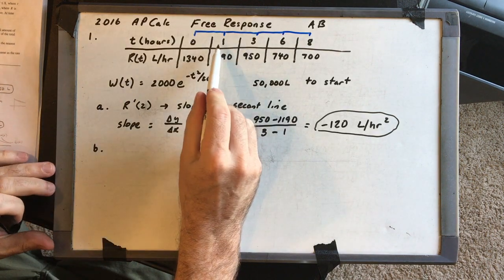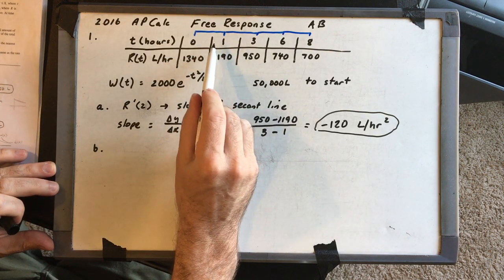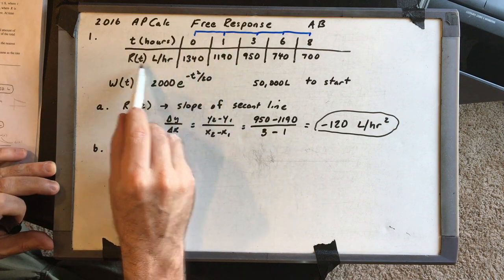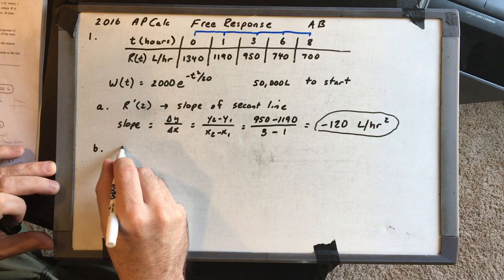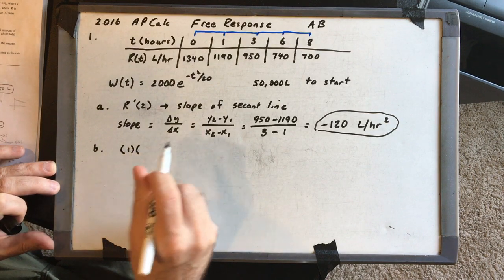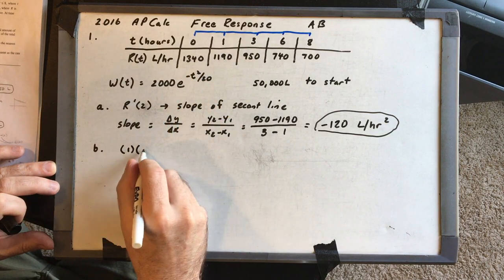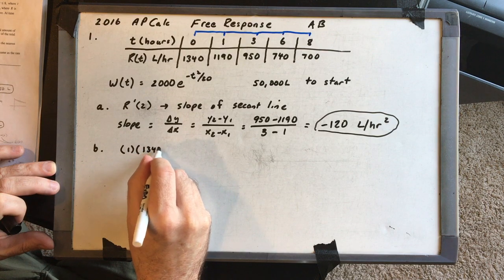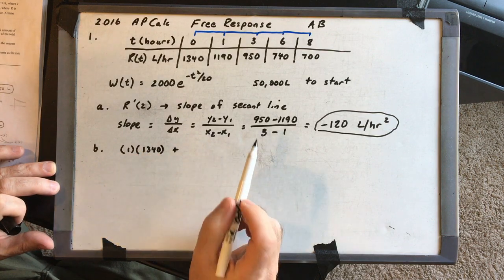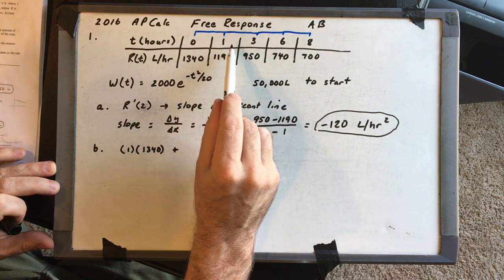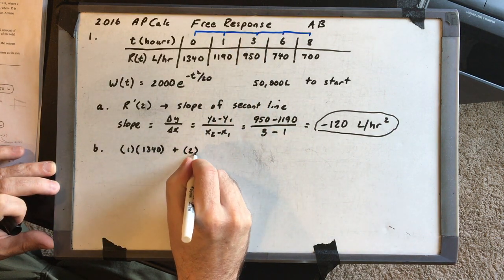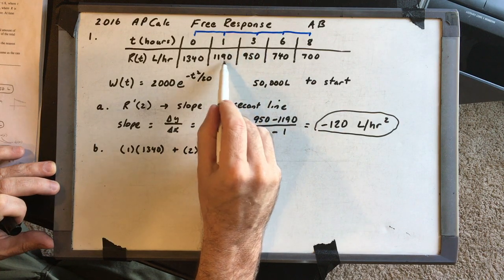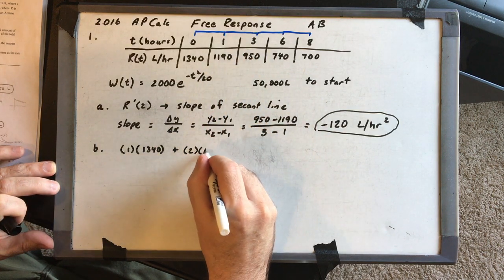So for our first rectangle, the base, because t is the x value, R of t would be the y value. The base is 1, and the left height is 1340. For the second rectangle, the base is 2 from 1 to 3. The left height is 1190.